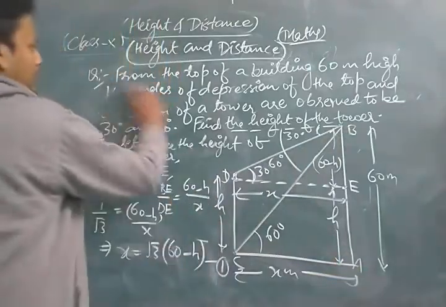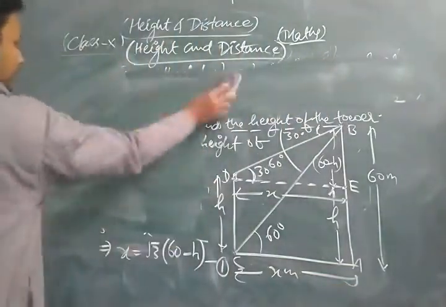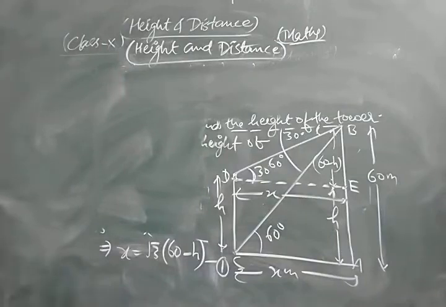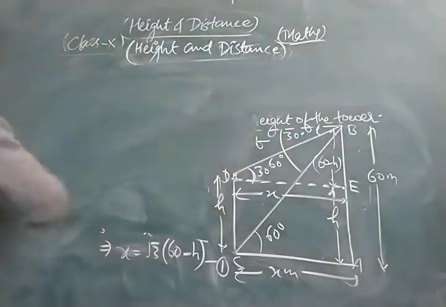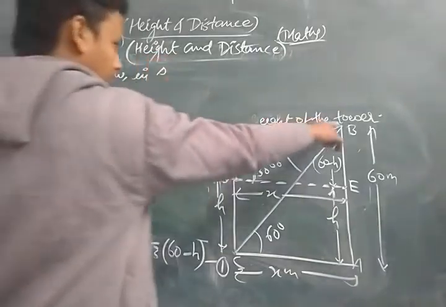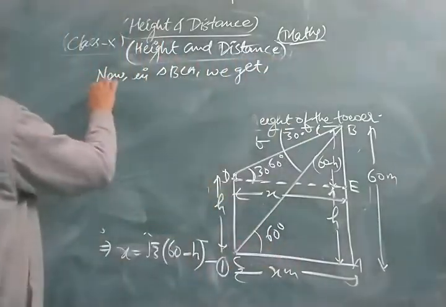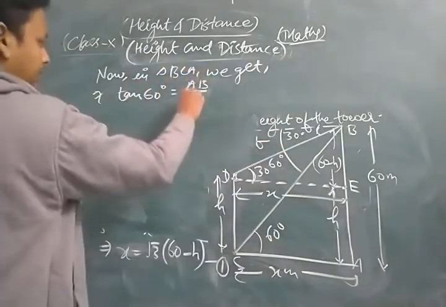BCA. Look. In triangle BCA we get tan 60 equals perpendicular upon base. The perpendicular is AB, the base is AC.